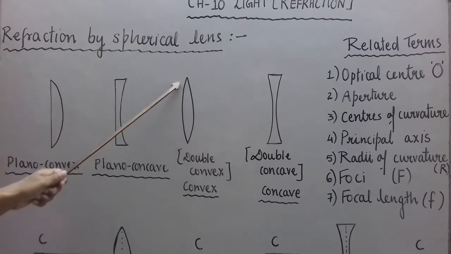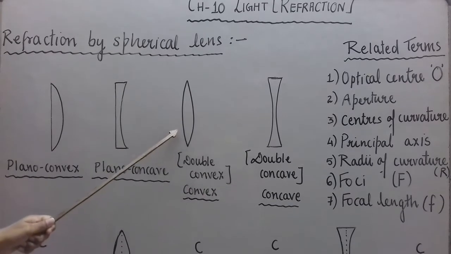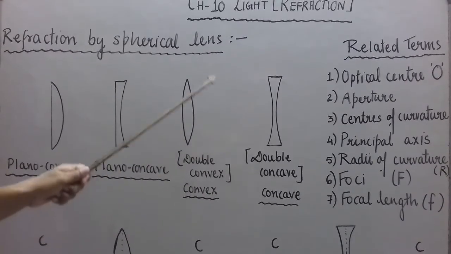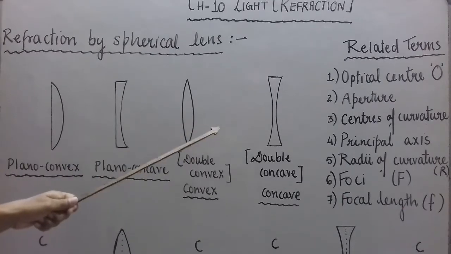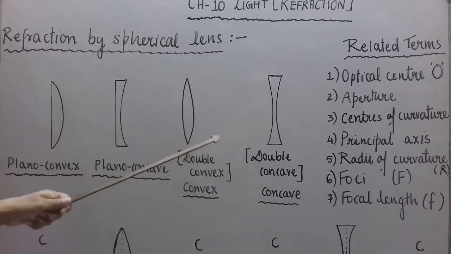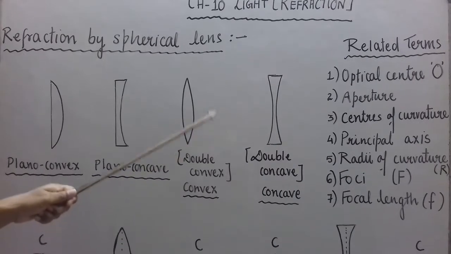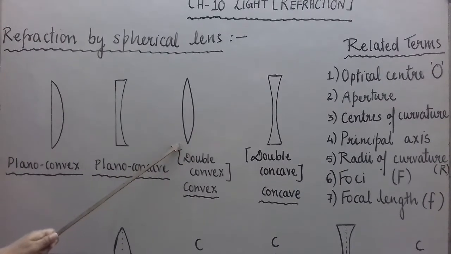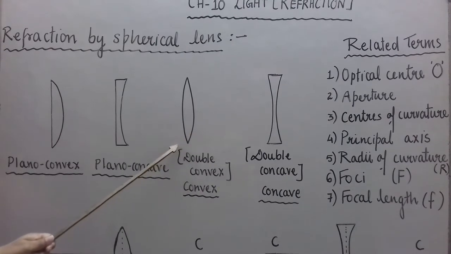It's not that one side is more or less curved than the other. Both are exactly the same. Similarly, here both are curved inwards in the same way. So let us concentrate on these two lenses only now.